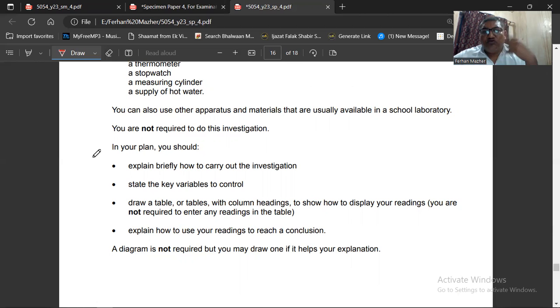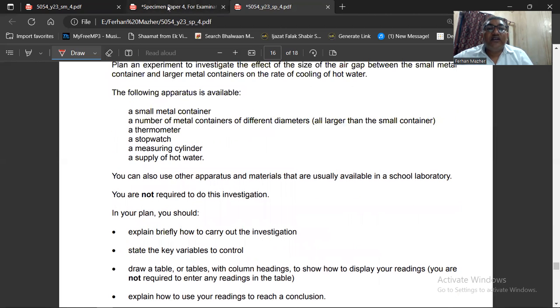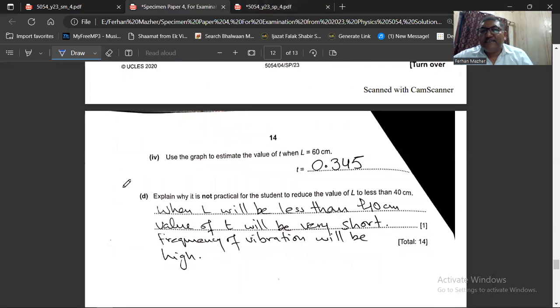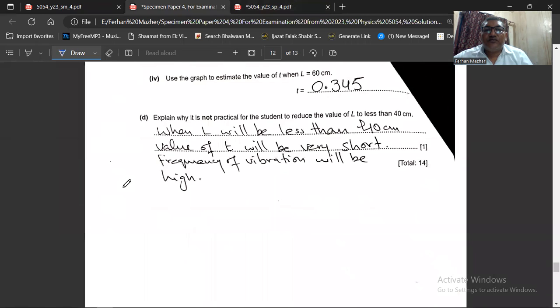So this is how you will design this experiment according to the given parameters. So let me show you. I have written this, and let me show you.